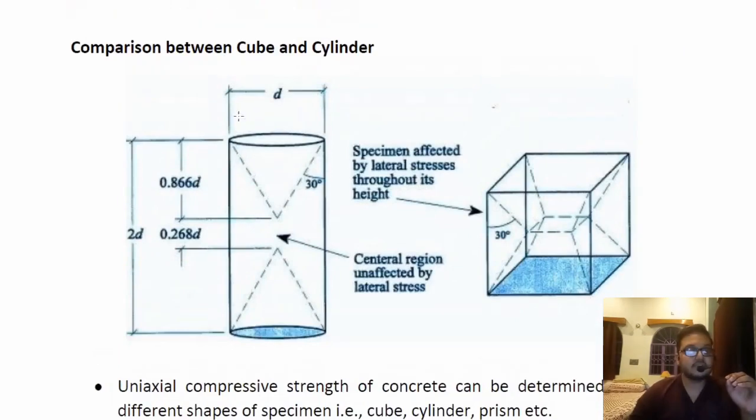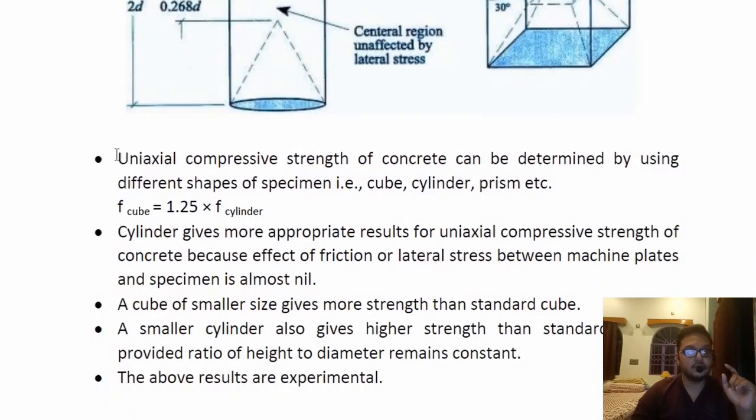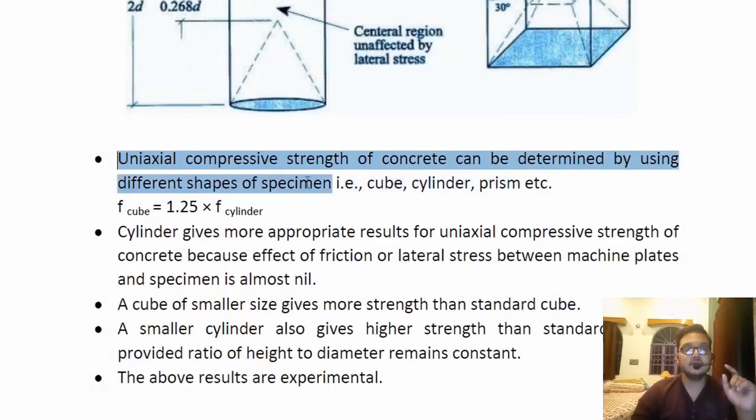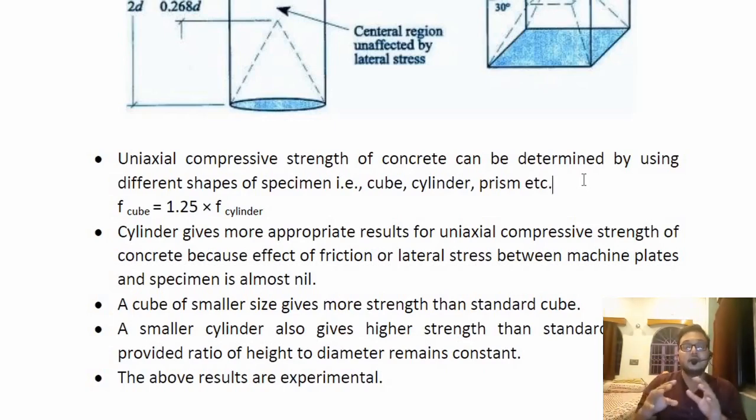First we will start with a comparison between the cube and the cylinder. As you know, the uniaxial compressive strength of concrete can be determined by using different shapes of specimen, that is cube, cylinder and prism, etc. The three mostly used shapes of concrete that are cast are either a cube, a cylinder or a prism.